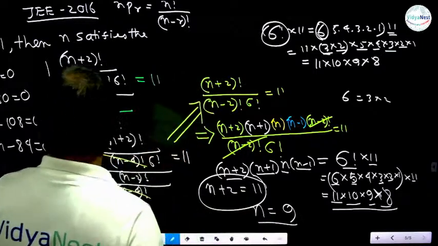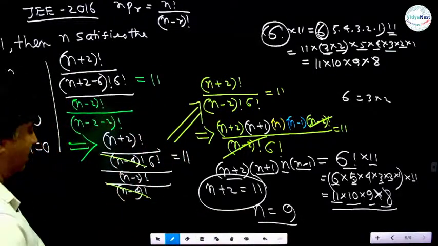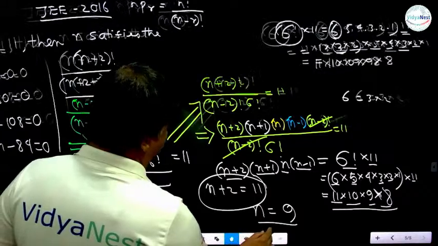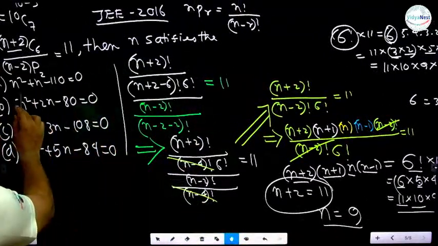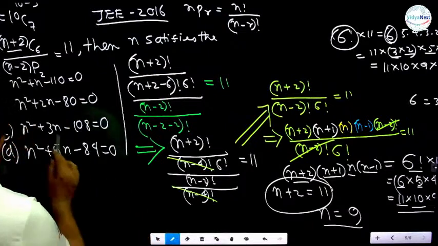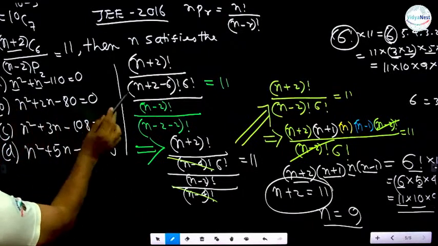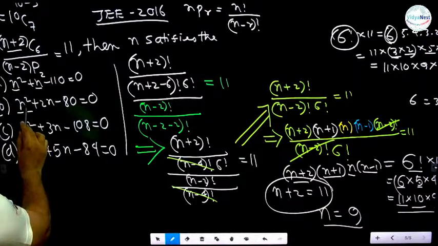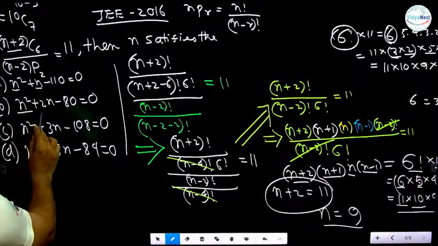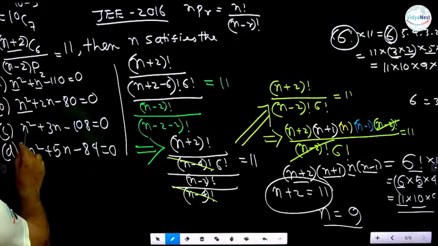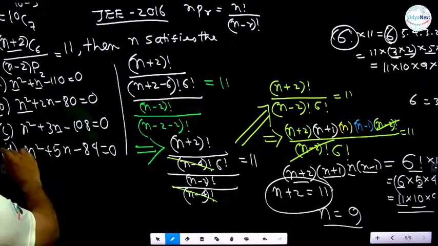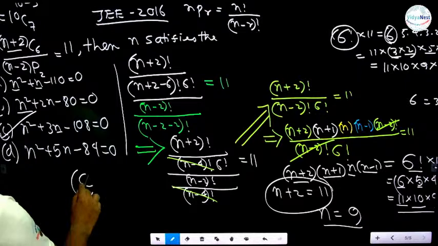Once you get n is 9, you see, this will satisfy which equation? Does it satisfy this? 9 square plus 9? No. 9 square is 81, 2 into 9, 18. No, it is not satisfying. 9, 81 plus 27. Yes. Option C correct. Got it?